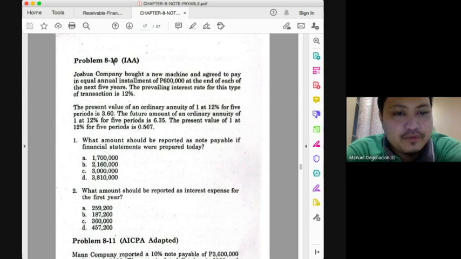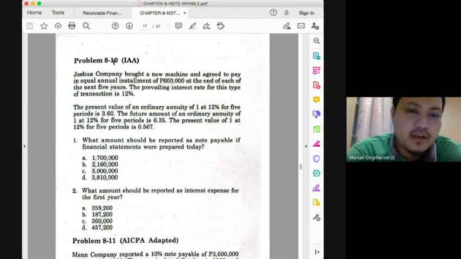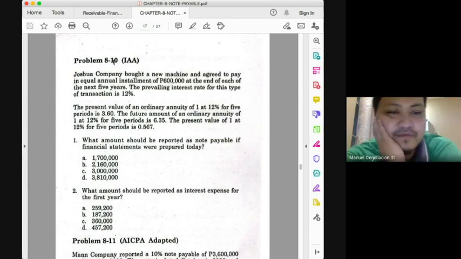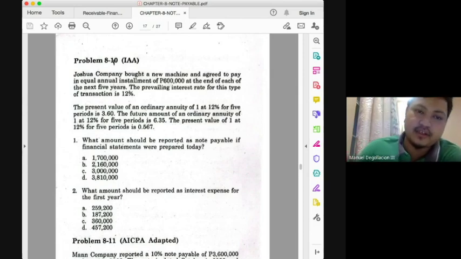Well, the 0.567 is also incorrect, because even though it gives you the present value, it only gives you the present value of a single cash flow that is expected to be received after 5 years. Okay, the relevant factor here is the 3.6.